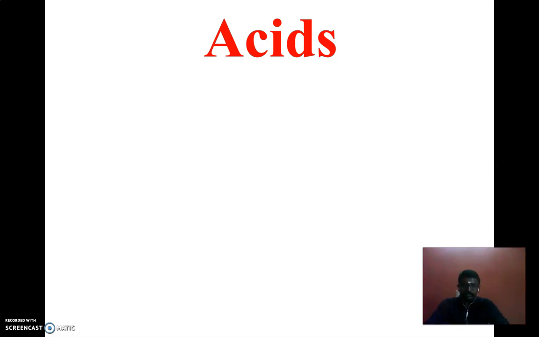If you have some coins, 1 rupee or 2 rupee coins or any coins, you just put the coin inside the acid. It will form bubbles. Hydrogen liberation will be there. If hydrogen is liberated, we can tell that it is an acid. It is a very simple test to identify whether the given compound is an acid or not.